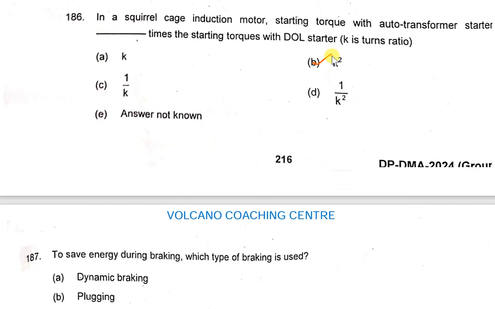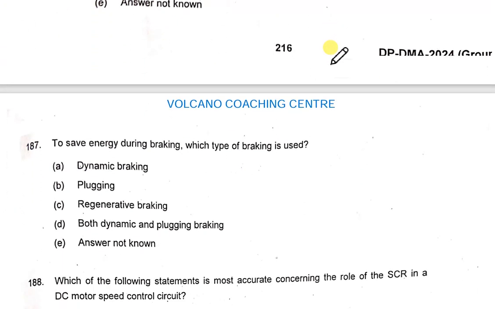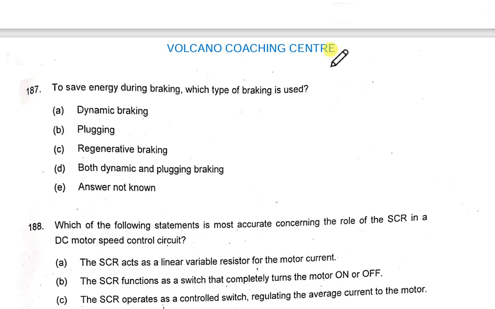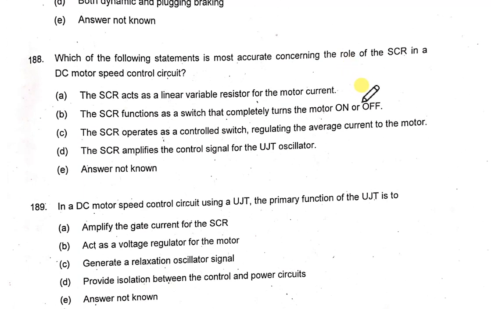Next question. To save energy during braking, which type of braking is used? Regenerative braking. Which of the following statements is more accurate concerning the role of the SCR in a DC motor speed control circuit?